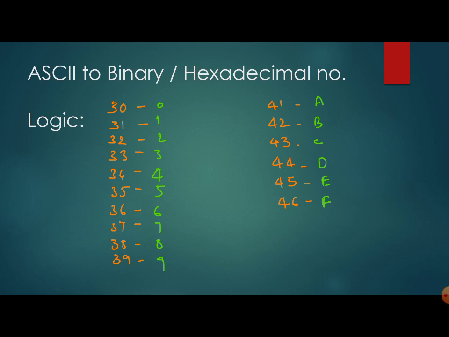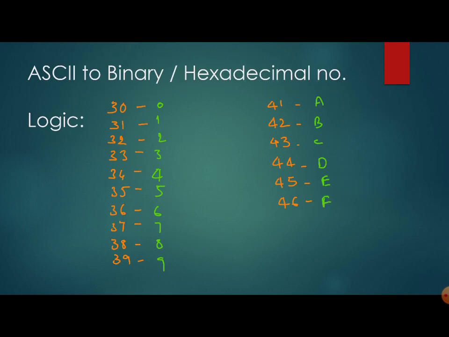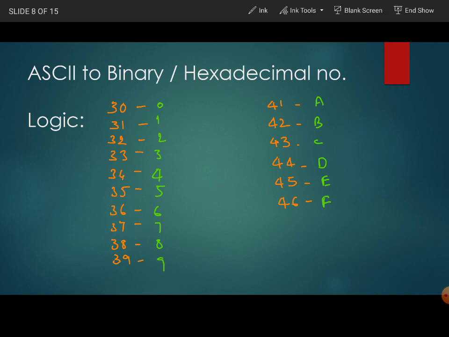So for the ASCII numbers, we need to know that your input would be your ASCII number and the output would be a binary or hexadecimal number. As you see in the slide, the input ASCII value may be between 30 to 39 or between 41 to 46.